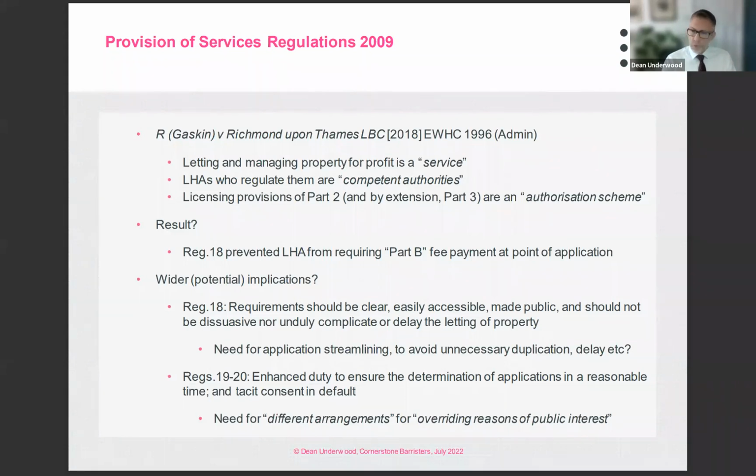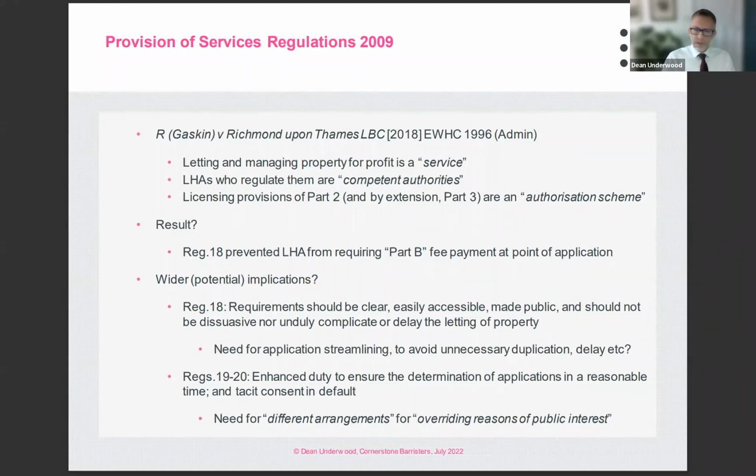That is, from requiring the payment of a fee at the point of application that covered anything other than the costs of processing the application. And as I say, we'll look at fees in a little more detail a bit later on.